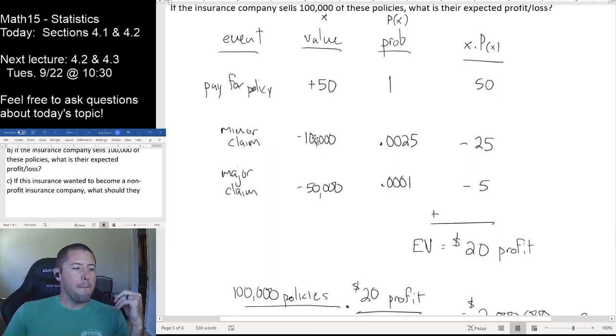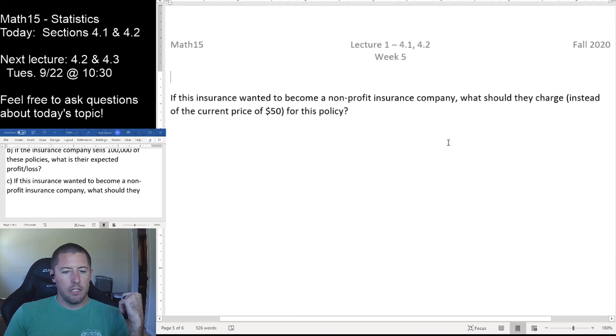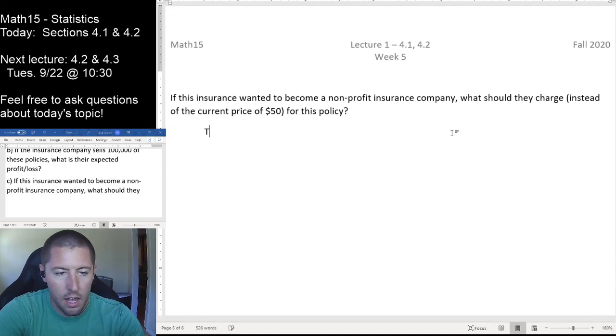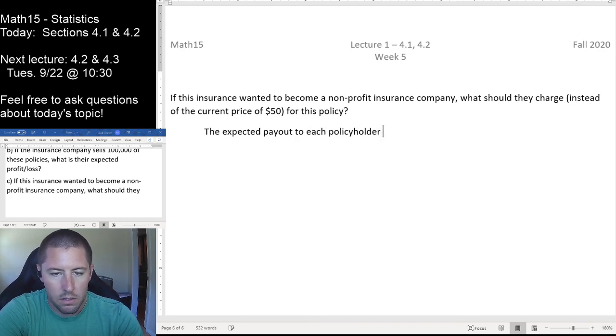You're either getting a massive payout or no payout. But the average is going to be 30 because so few people are getting the huge payout and most people are getting nothing. So since they're expecting to pay out $30, the expected payout to each policyholder on average is $30 per person.